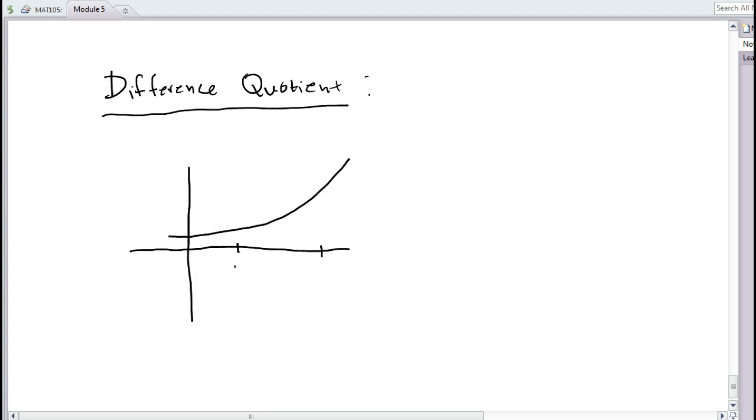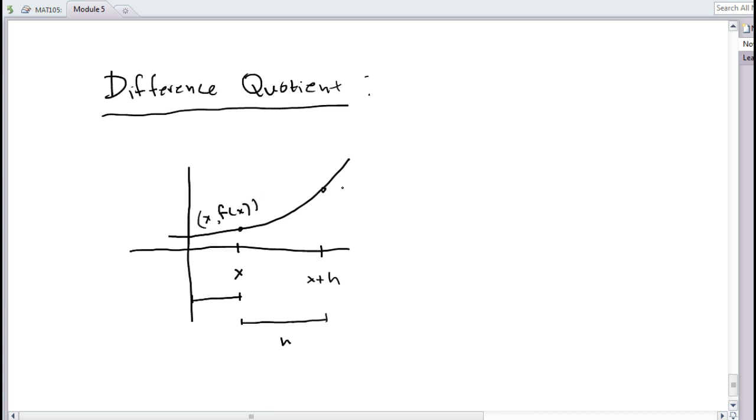What we were doing for average rate of change is we were giving them two different names, x1 and x2. But let's call the first point x, and again that represents the distance from 0. And then if we call the distance here h, we can think about this point as being x plus h. Okay? And then this point will have y value f of x. So this will be the point x comma f of x.